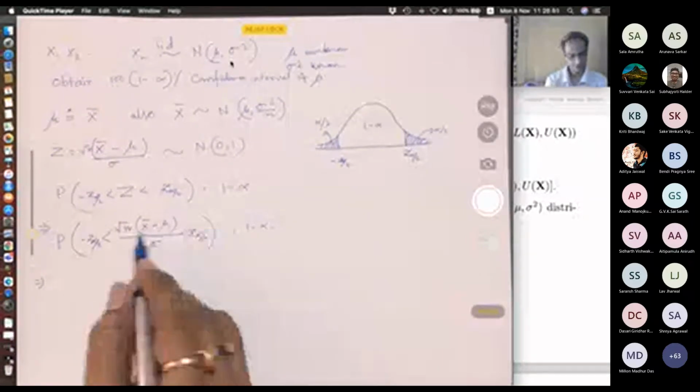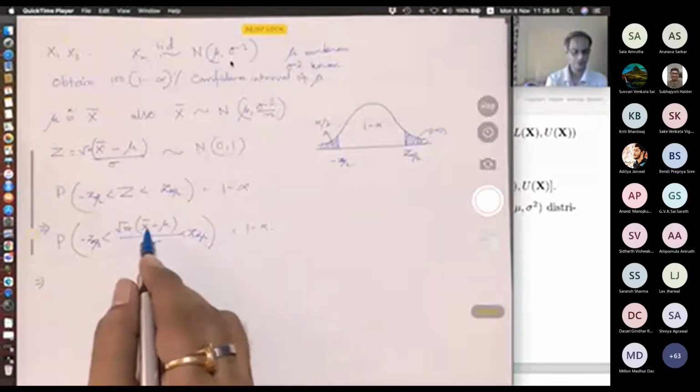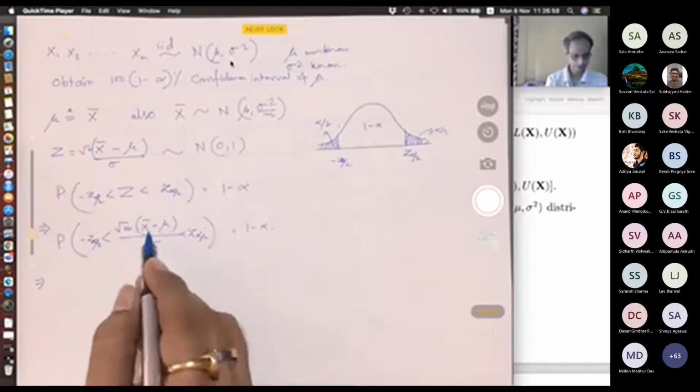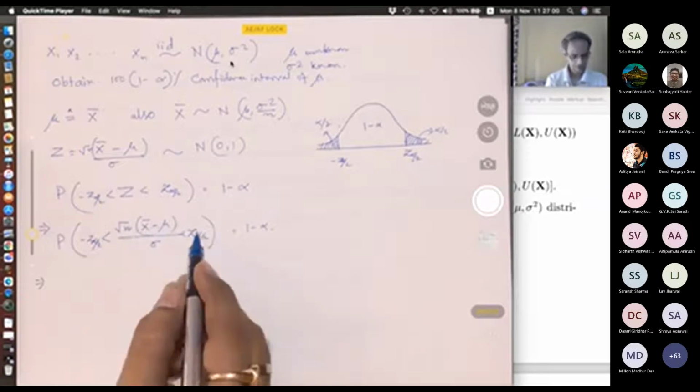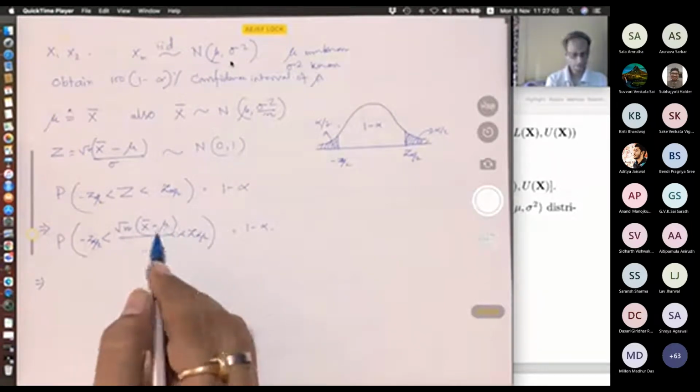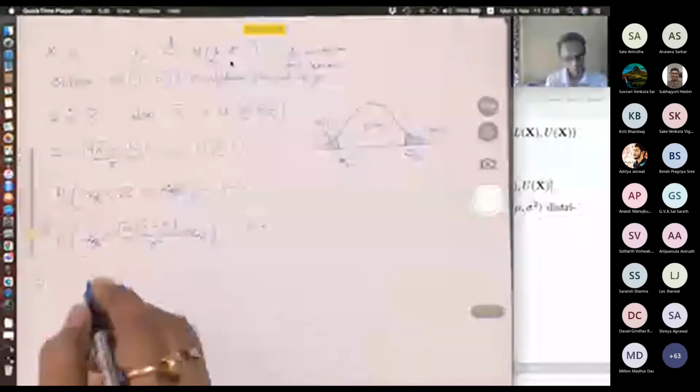So multiply by sigma, divide by root n, then subtract x bar, then do the multiplication by minus 1. So all this you do.